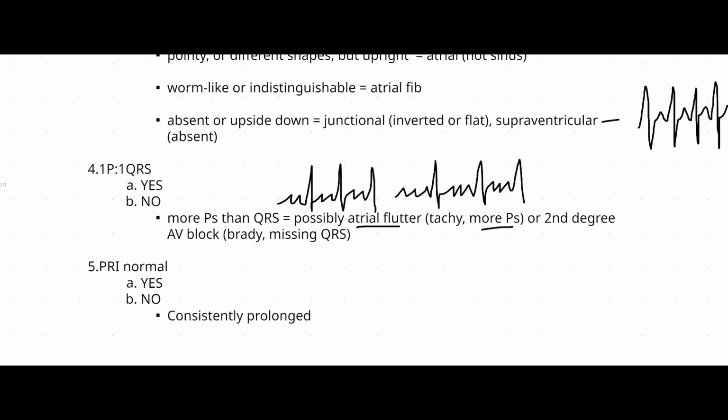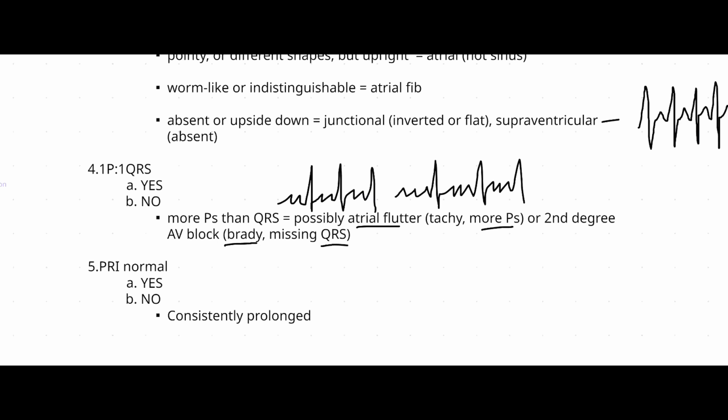Now in a situation wherein the rate is brady and there's missing QRS, how that may look is you have this PQRS, and then you have PQRS, and then you have this P, no QRS, and then another P, and then a QRS.